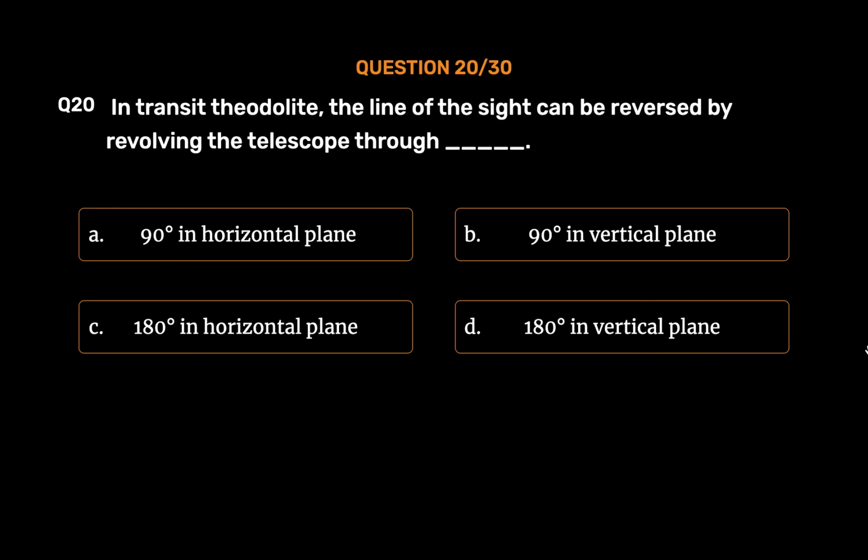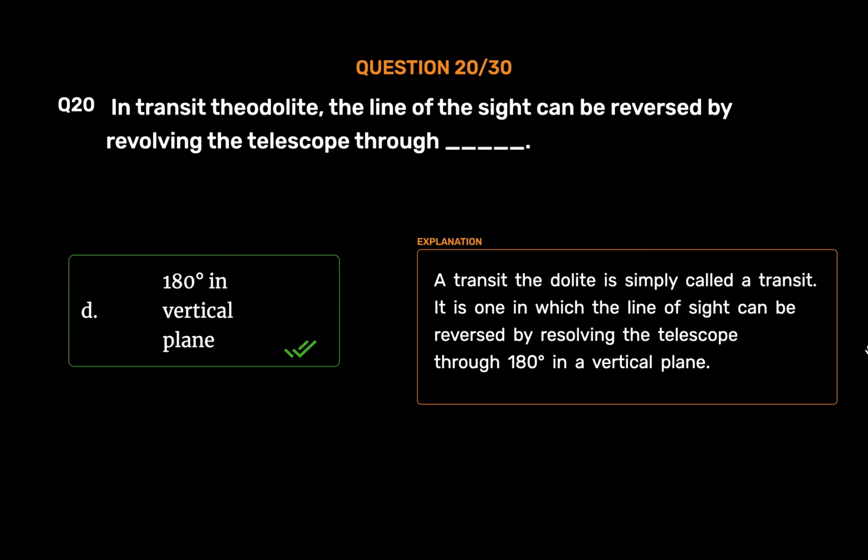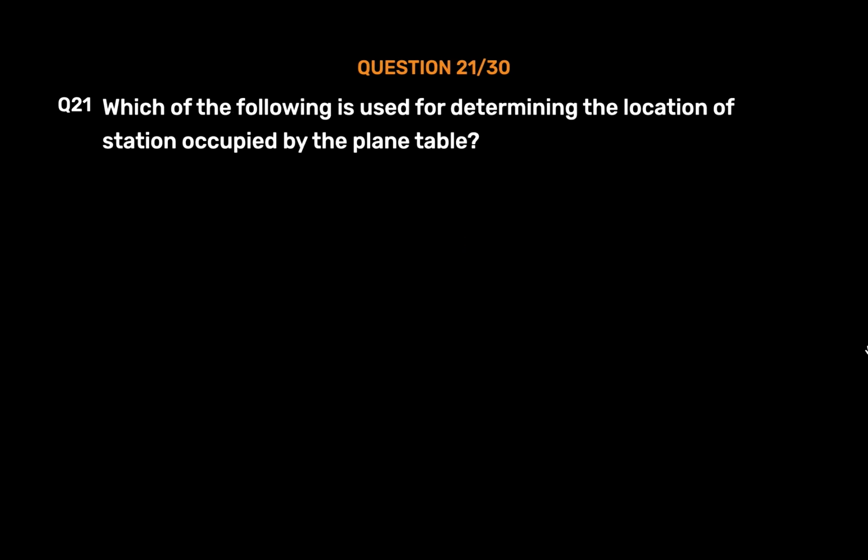Option D, 180 degrees in vertical plane. The correct answer is option D, 180 degrees in vertical plane. A transit theodolite is simply called a transit. It is one in which the line of sight can be reversed by revolving the telescope through 180 degrees in a vertical plane.